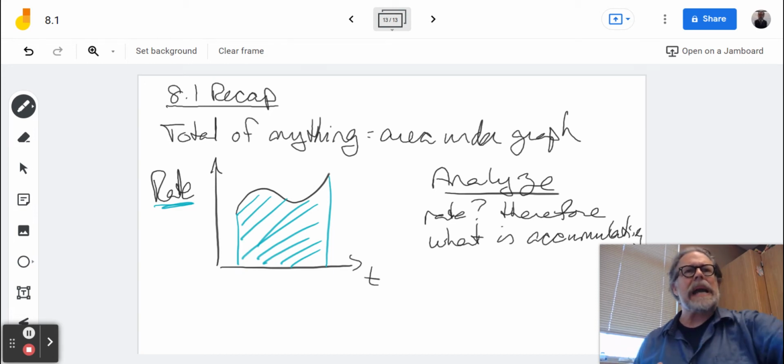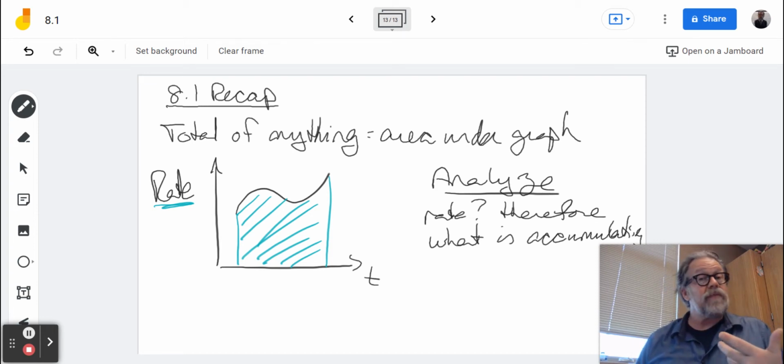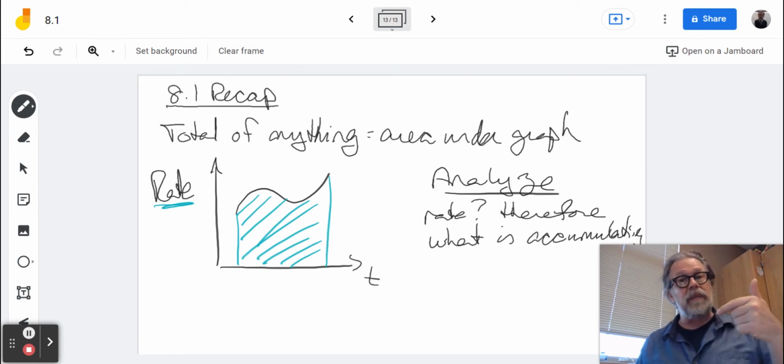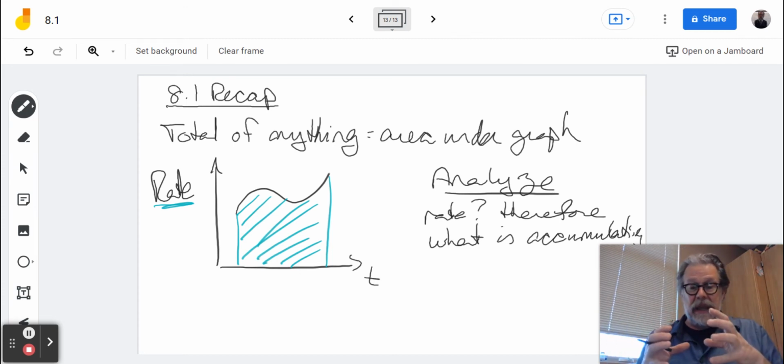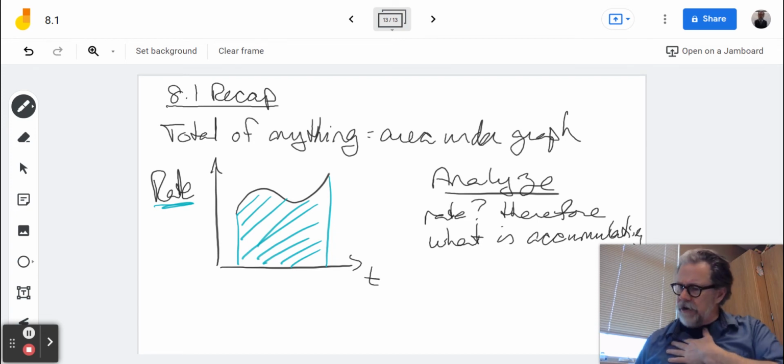You could just go back and look at every one of those examples. A rate of density, then amounts are accumulating, since density is how many of something per square mile or per yard, per square yard, whatever that is.